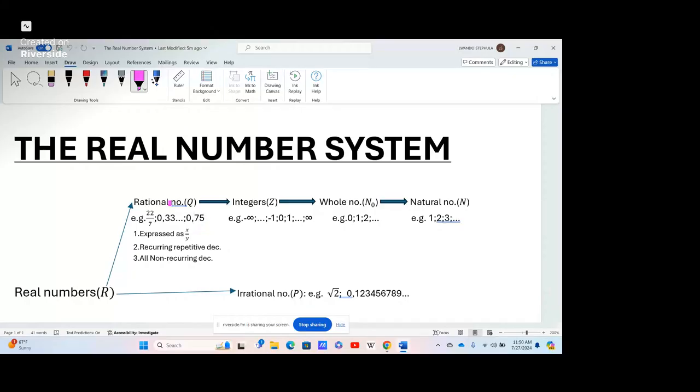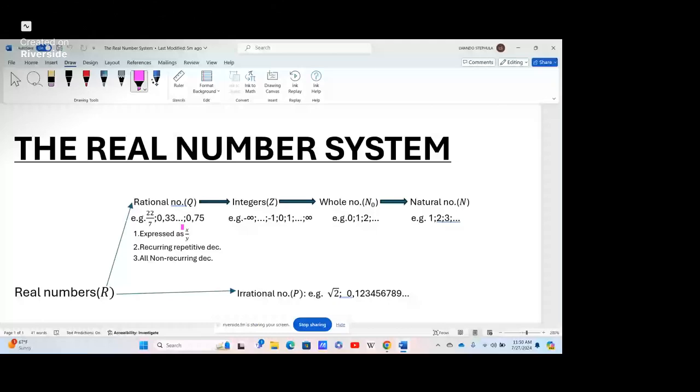Then you see that rational numbers are further divided into integers, whole numbers, and natural numbers. You may have heard that; if you have not, do expect it in an exam situation: all integers are rational numbers, but not all rational numbers are integers. This simply means that from the set of rational numbers, you have to take out certain types of numbers so that you are left with integers.